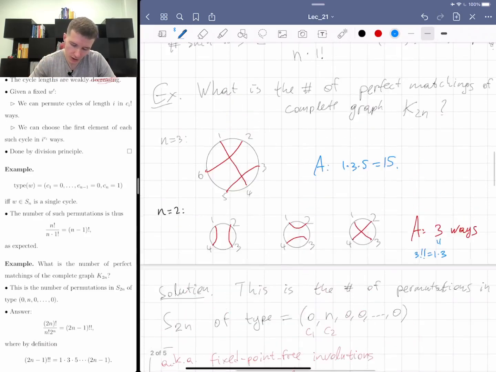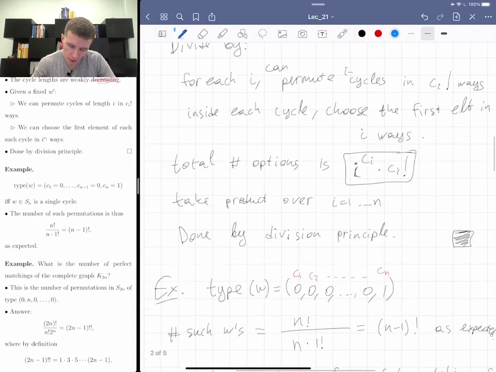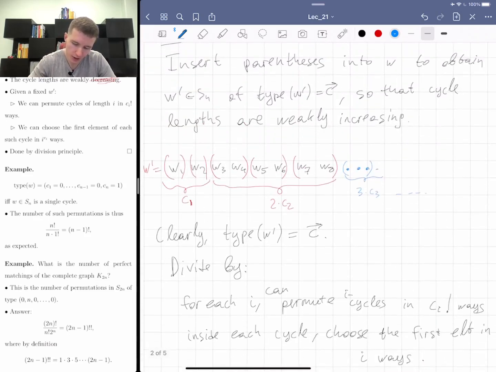Now let me mention one nice trick that we used in the proof, which was this weird operation where you take the one-line notation, then you insert the brackets, or you remove the parentheses from that permutation, so you switch between cycle notation and one-line notation.